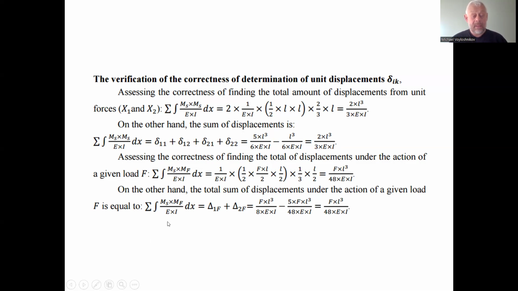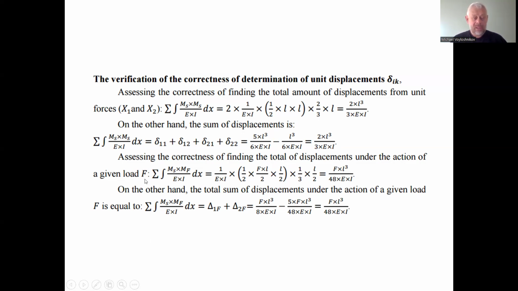And the same we can do for the check of correctness of finding the free summands of the canonical equations.